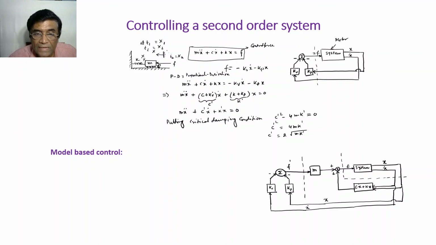So I will select Kv in such a way that this becomes 2 root over of M K prime. Okay, and within K there is one parameter K which is not in your hand, it cannot be changed, but Kp again can change. So by manipulating Kp and Kv, I can reach this condition.